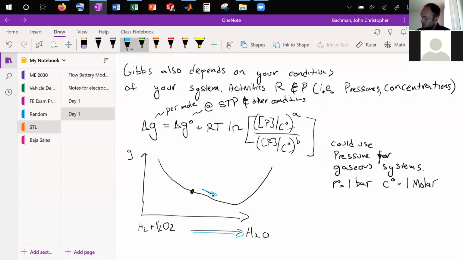If your system's maybe over here, you're going to have this backwards reaction, right? And then if you're at equilibrium, which might be like here, then you have forward and backwards equal. Right, and so it's going back and forth. You've reached an equilibrium condition. So we're going to first analyze conditions where this is under equilibrium.